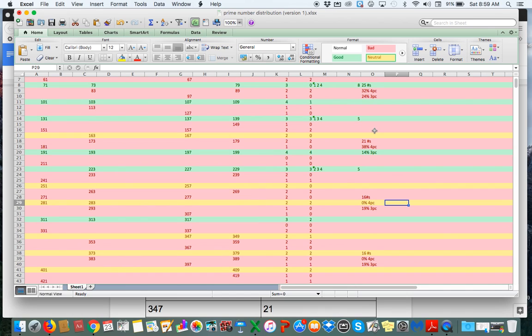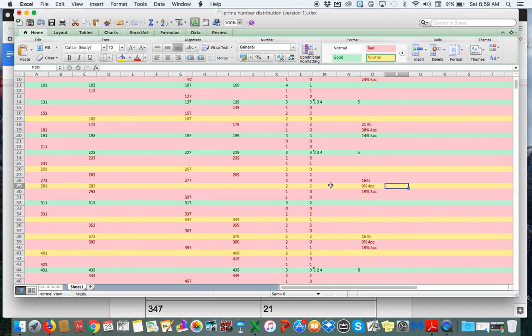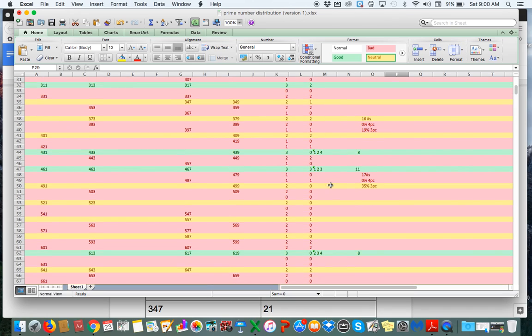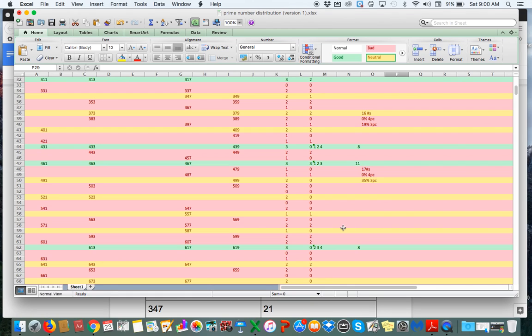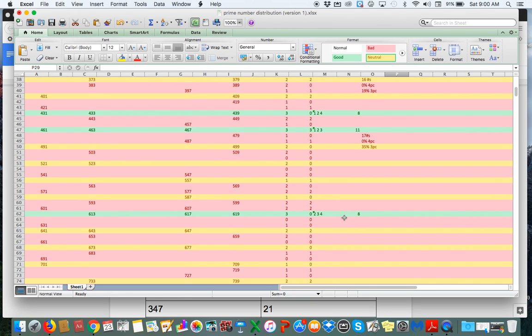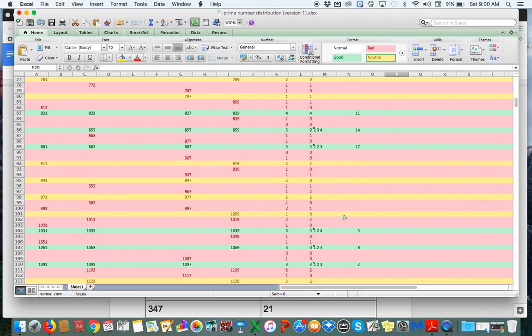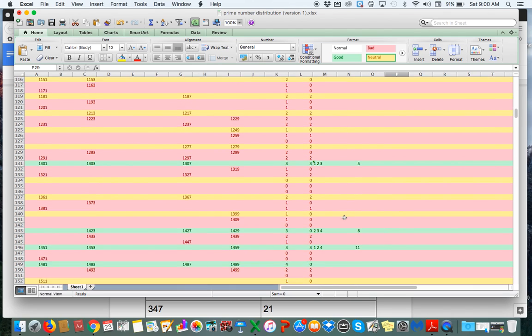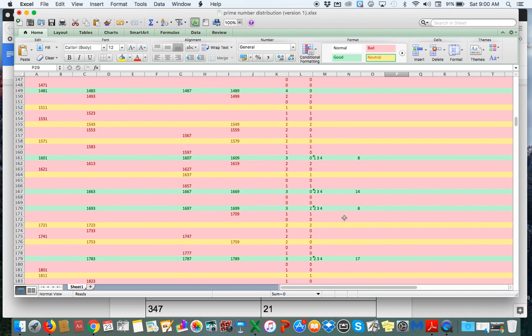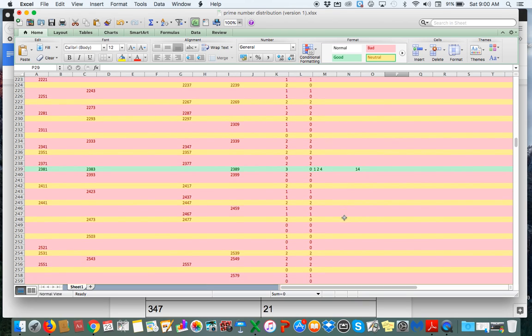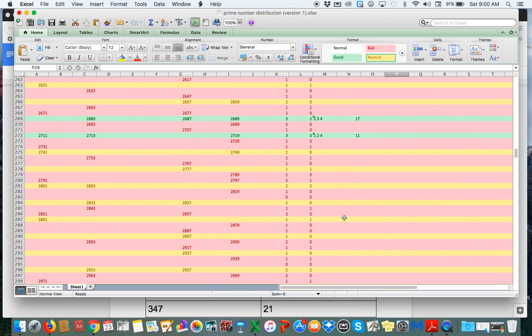And I discovered some, I don't know if you call it a pattern, but anyway, the digits tend to add up to prime numbers, and if they don't, you can see this one adds up to 8. Row 62 adds up to 8. So we got 11, 14, 17, 5, 8, 2, 5, 8, 11, 8, 14, 17, 2, 14, 17, 11.